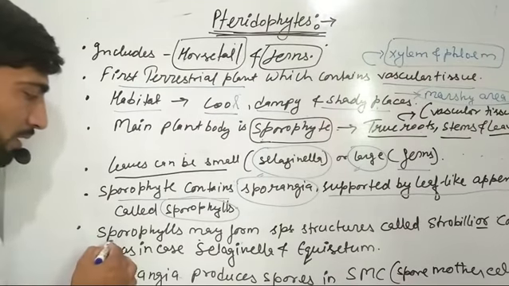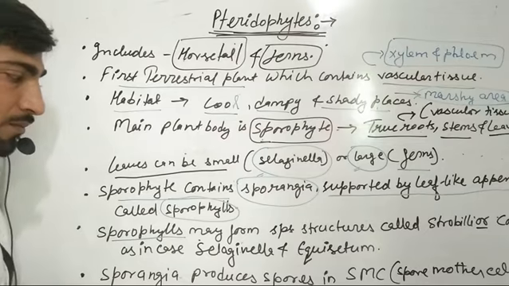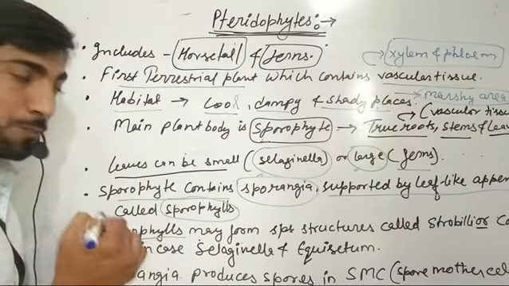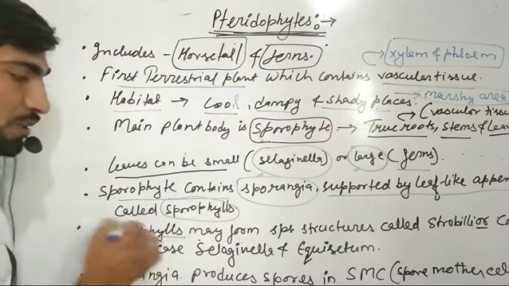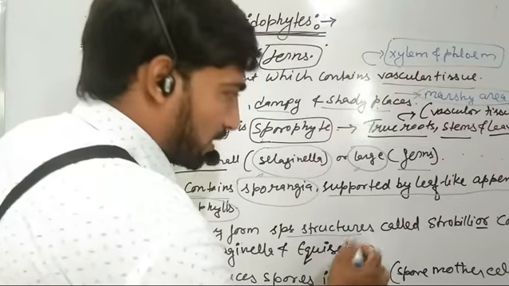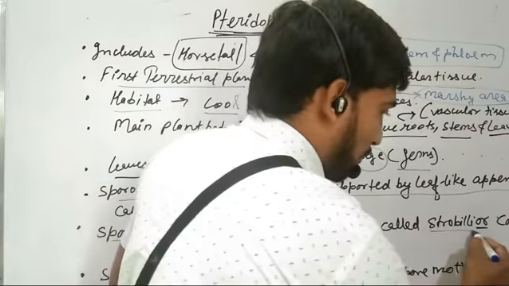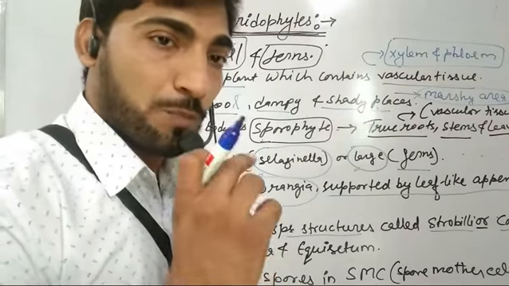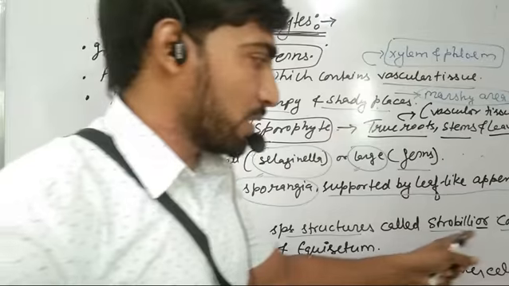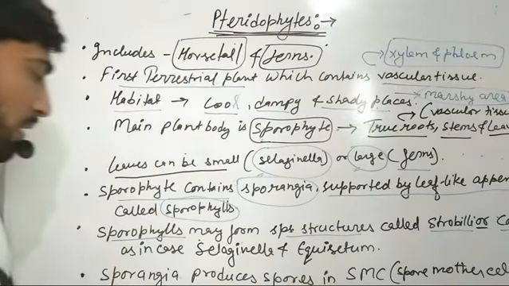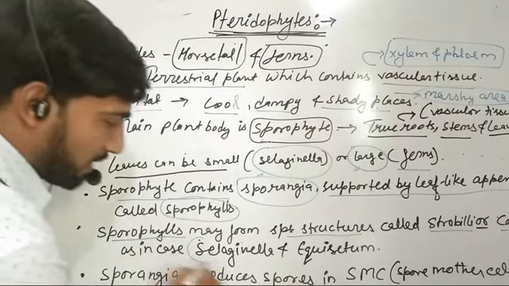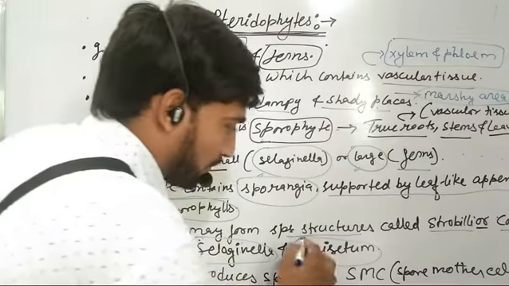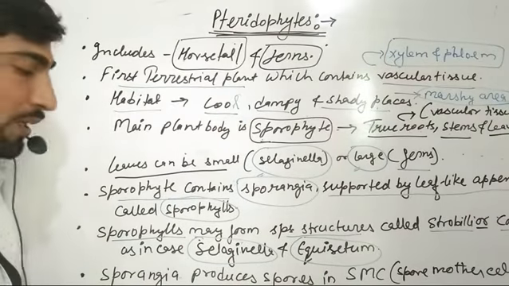Further, these sporophylls may form some specialized structures called strobili or cones, as in pteridophytes like Selaginella and Equisetum.